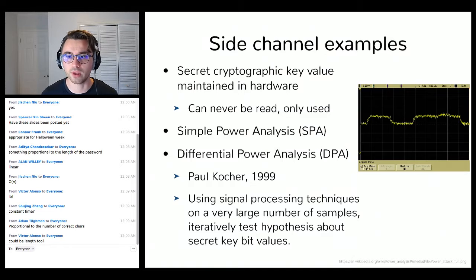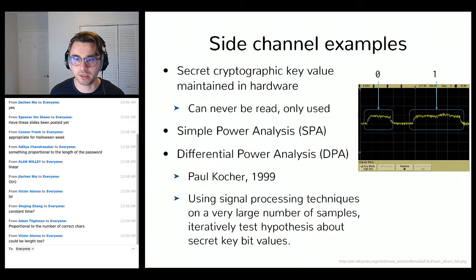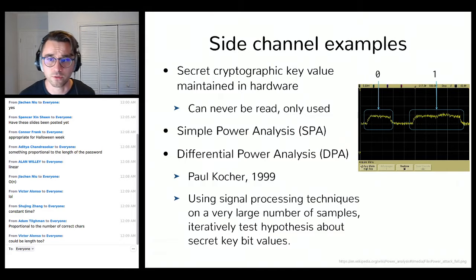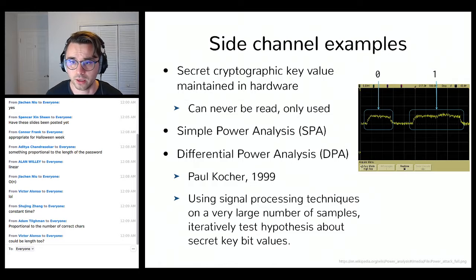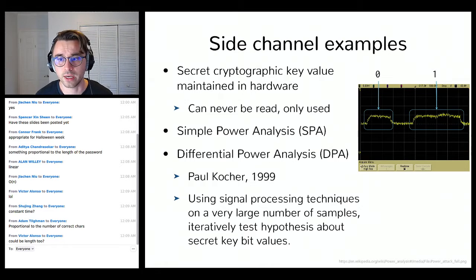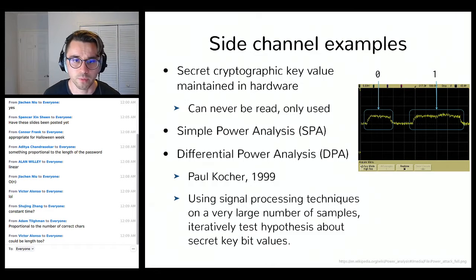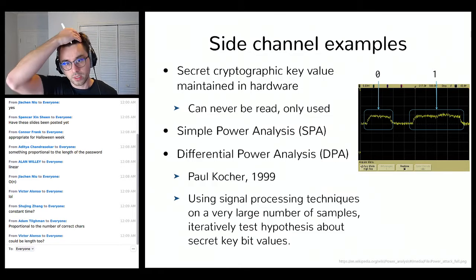On the right here, we have scopes, so an oscilloscope measuring the power output of one of these chips. And over thousands and thousands of measurements, you can figure out that this signal is a 0, that is a 1. And if we run it over many different inputs, we can recover the whole key. And this is actually kind of interesting.